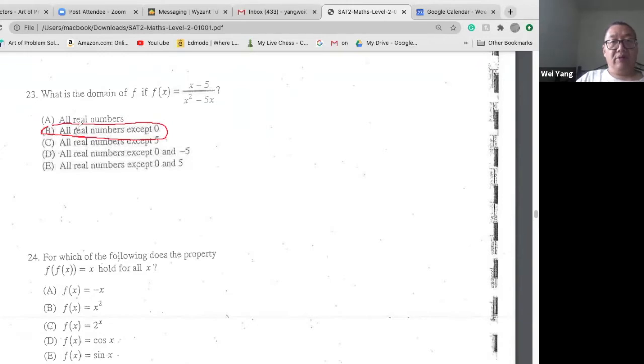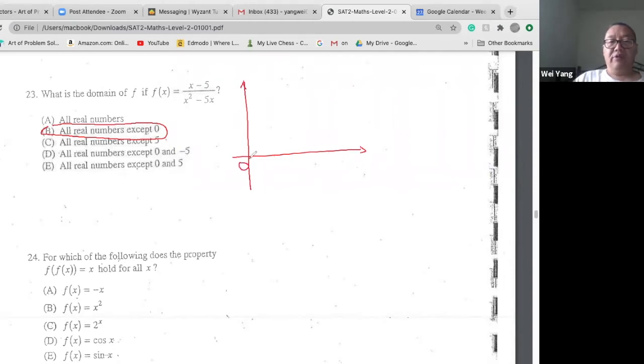So how about 5? Yeah, 5 doesn't work as well. 5 here is a hole. So if you draw the graph of this function, when x equals 5, this function has no value there.